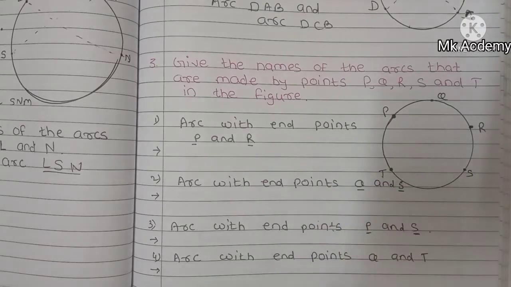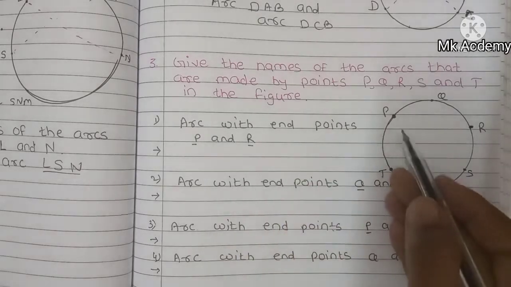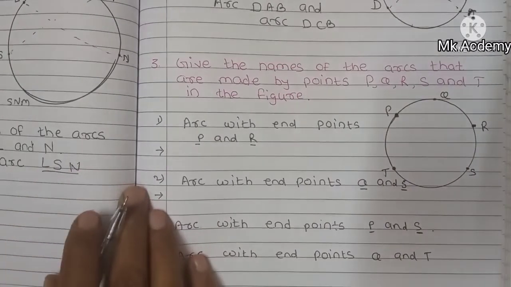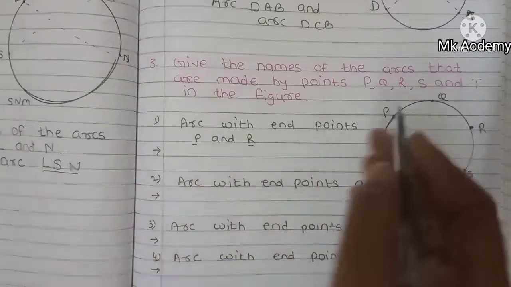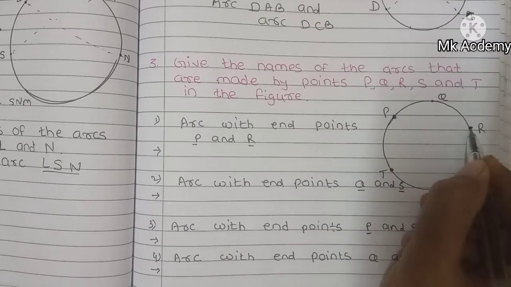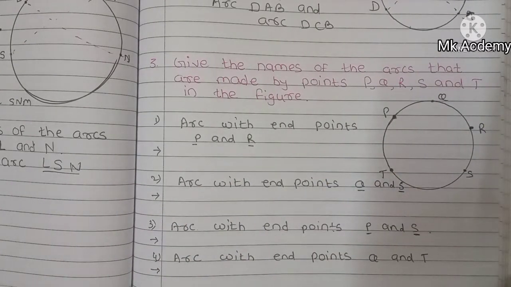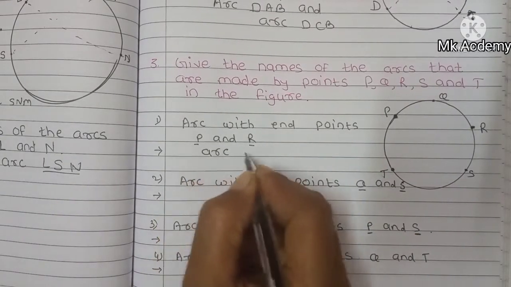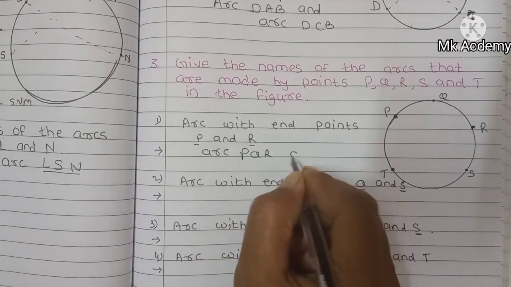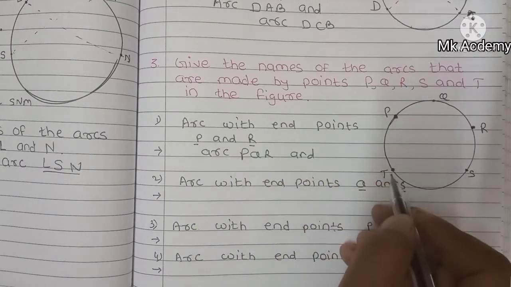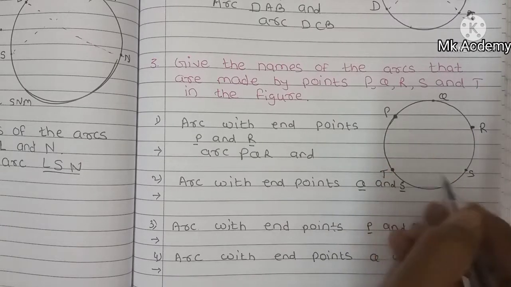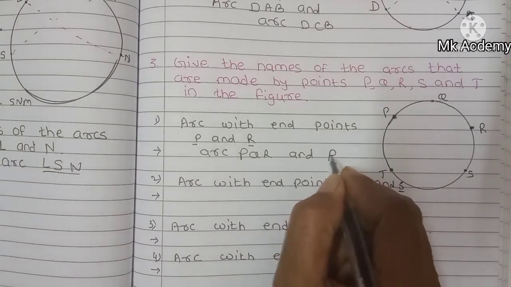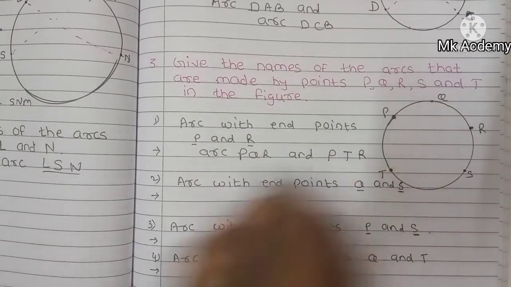We have to write down the names of the arcs with end points P, Q, R, S and T. First, arc with end points P and R. The name of the arc is PQR, and arc PTR or PSR. We can take any one of these.